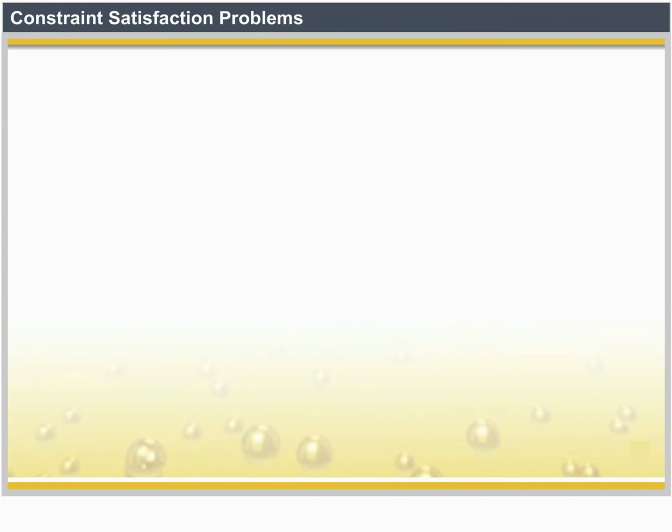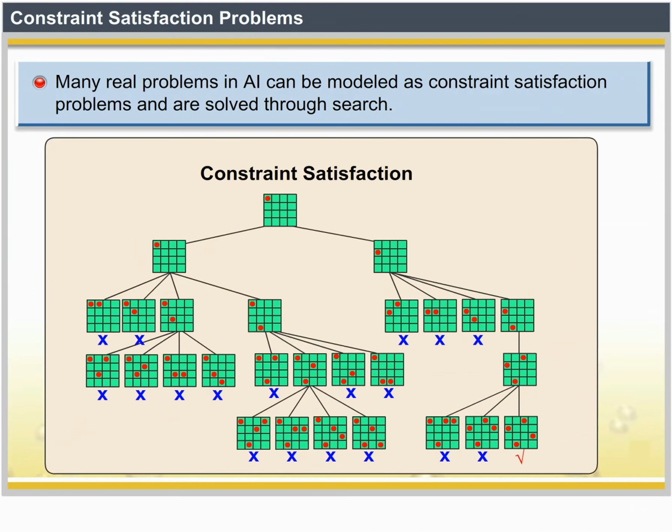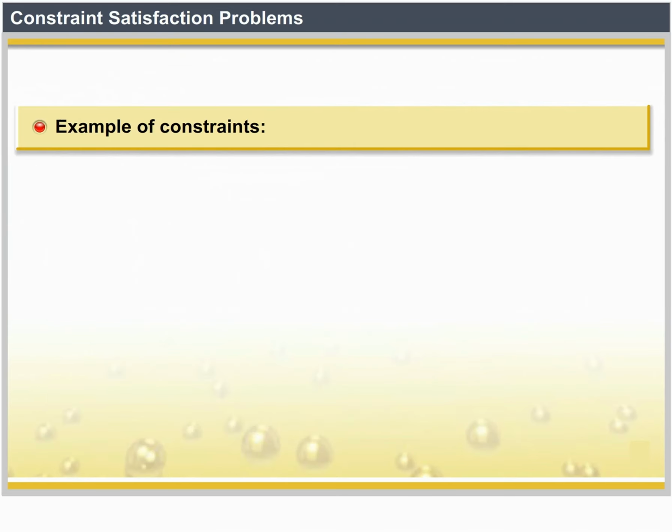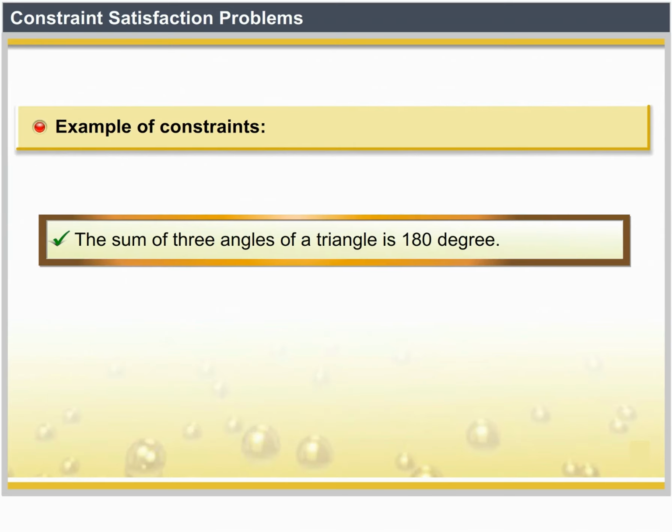Constraint satisfaction problem. Many real problems in AI can be modeled as constraint satisfaction problems and are solved through search. Examples of constraints: the sum of three angles of a triangle is 180 degrees.